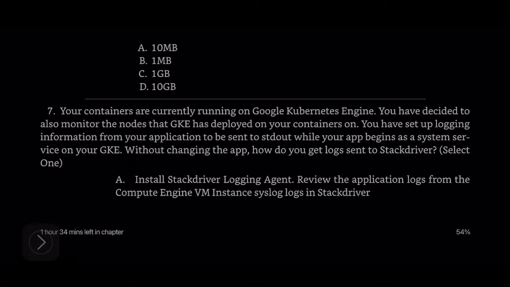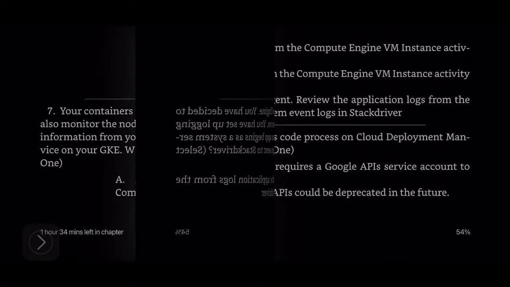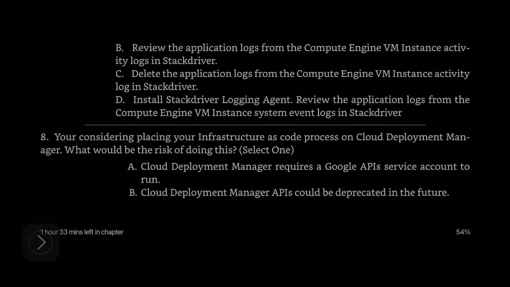Review the application logs from the Compute Engine VM instance, syslog logs in Stackdriver. Review the application logs from the Compute Engine VM instance, activity logs in Stackdriver. Delete the application logs from the Compute Engine VM instance, activity log in Stackdriver. Install Stackdriver logging agent. Review the application logs from the Compute Engine VM instance, system event logs in Stackdriver.